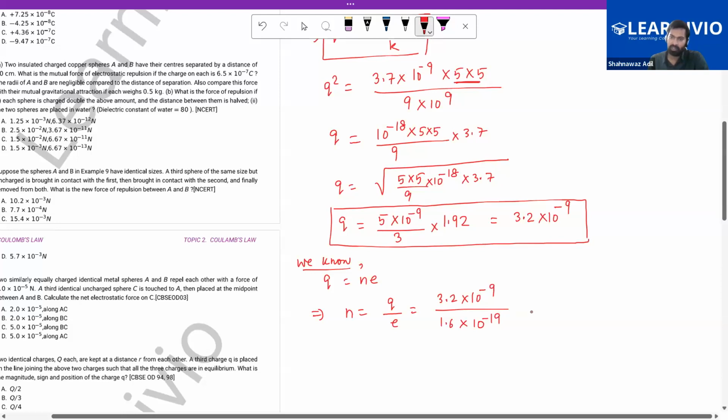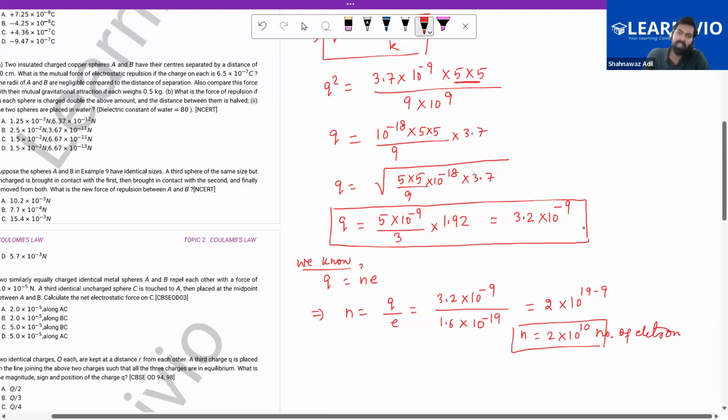So this would be 2, and then 10 to the power 19 minus 9. So this would be 2 into 10 to the power 10. Right, so this would be the number of electrons.